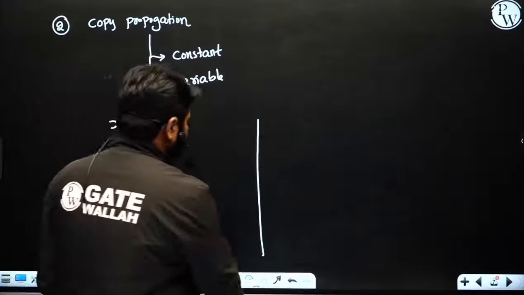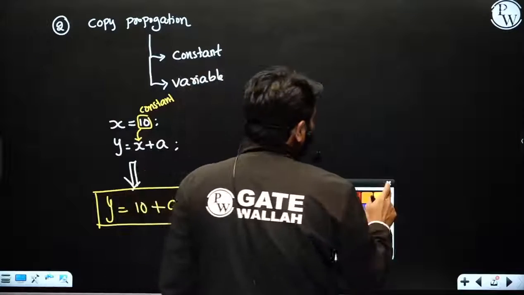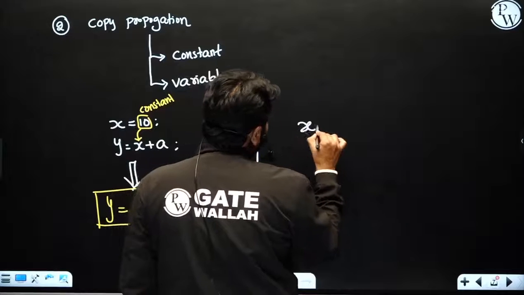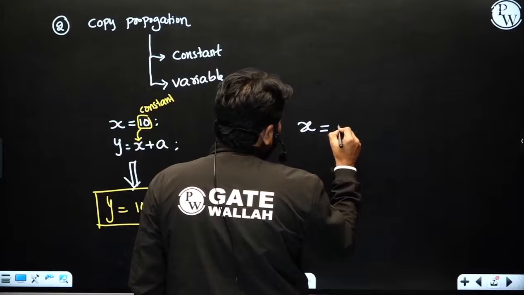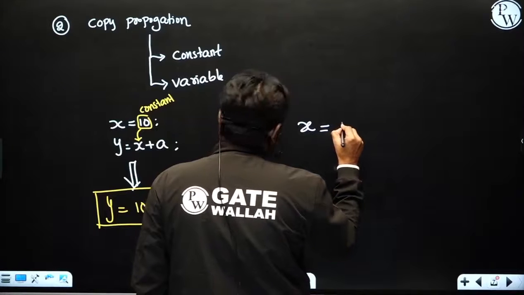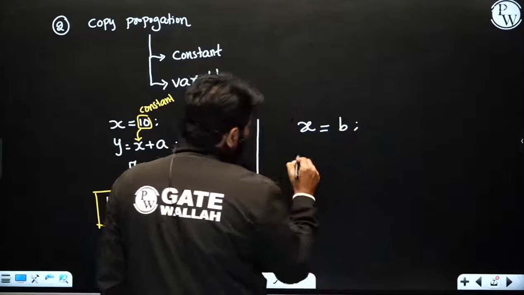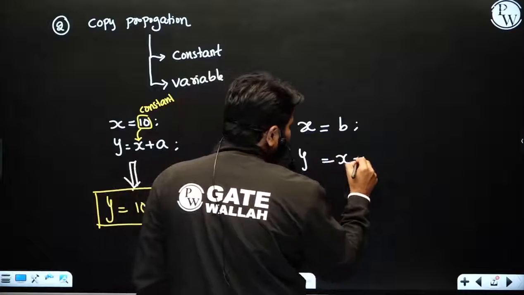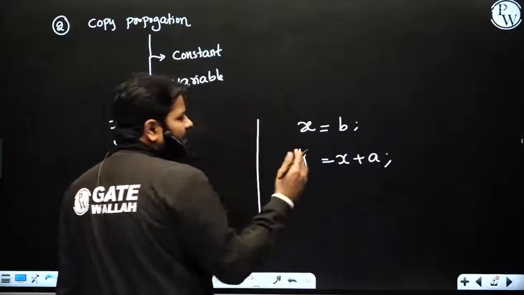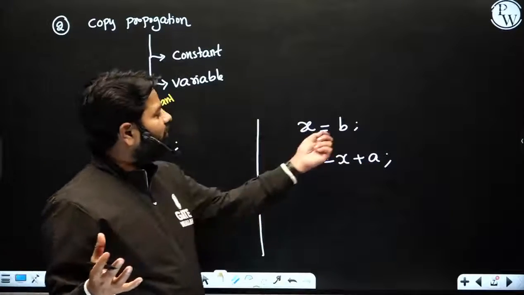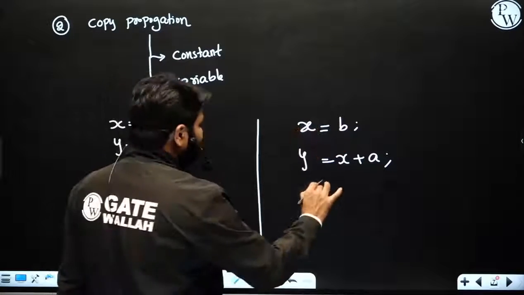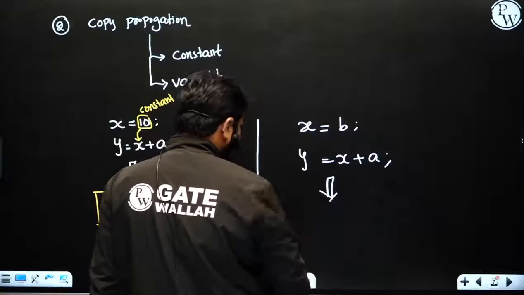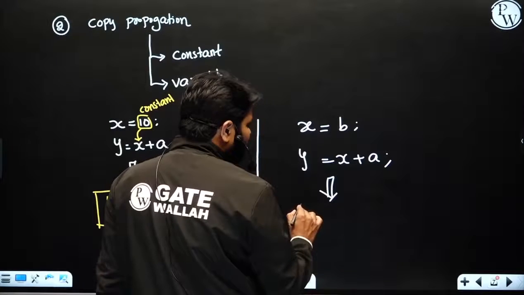The other one: a variable also you can propagate. Sometimes, in the same code, let's say x is equal to b and y is equal to, let's say, x plus a. What happens if x has no other job, and we are only wasting time to move b to x? You can replace it with b wherever you see x.